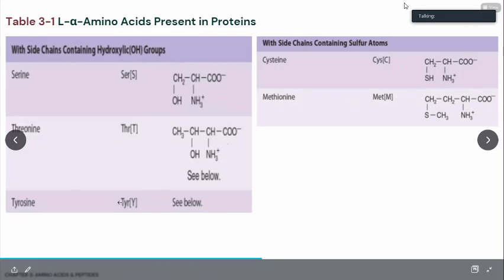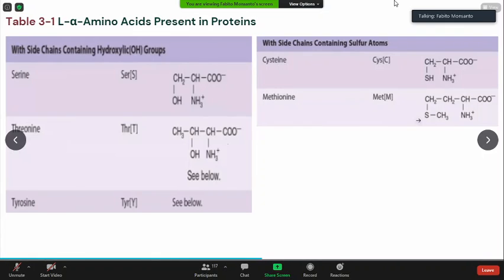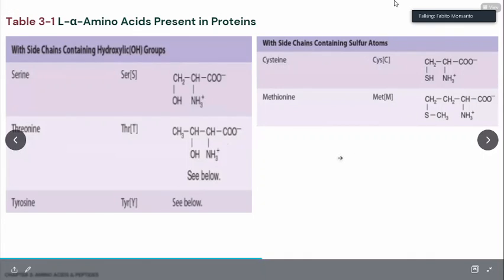Tyrosine contains a hydroxyl in its aromatic group. Then we have sulfur containing. We have only two, cysteine and methionine. So you have here sulfur, ethyl group, and methyl thio for your methionine.